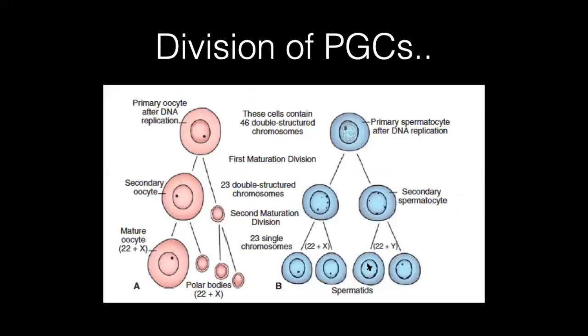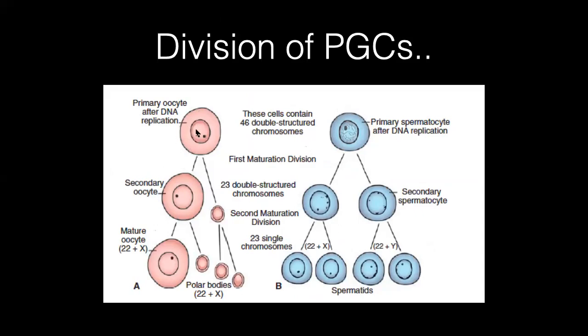We studied about that. So we also studied how these primordial germ cells are dividing, and we had studied what is the difference between female and male divisions. Okay, in female we had seen that there is unequal division of cytoplasm, giving rise to only one mature oocyte, resulting of meiotic division.